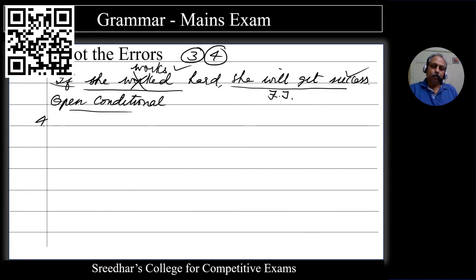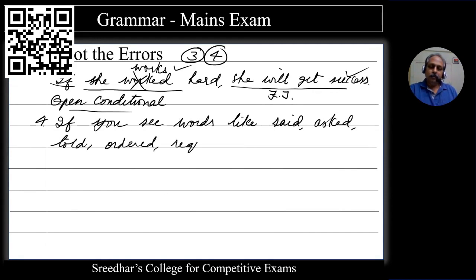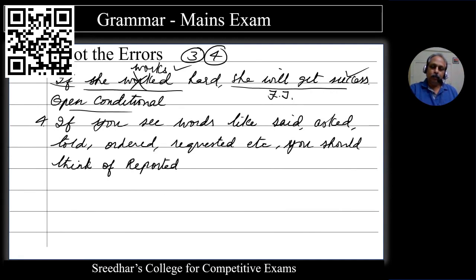Now strategy number 4. If you see words like said, asked, told, ordered, requested, etc., you should think of reported speech or indirect speech.